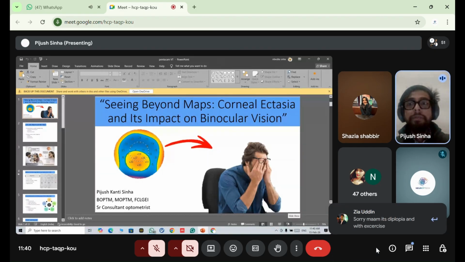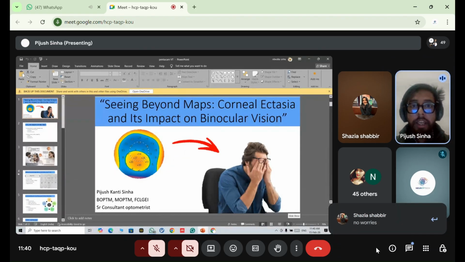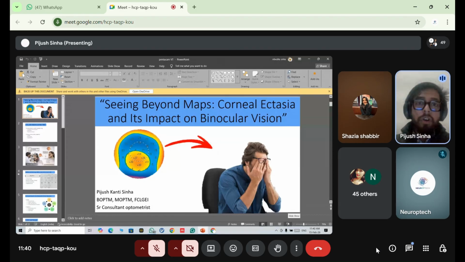But even after that, if the diplopia still persists, then definitely we need to do the diplopia charting. And if there is any muscle anomaly or paralytic kind of squint, then we need to treat accordingly, whether we can go for the prisms or we can go for the surgery.